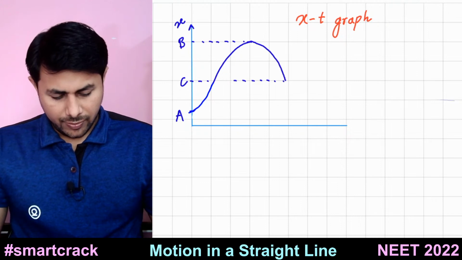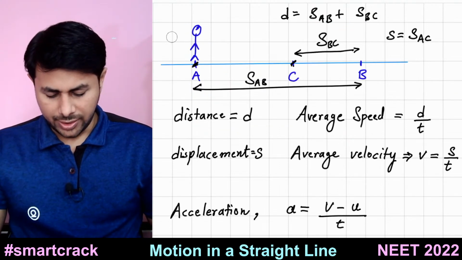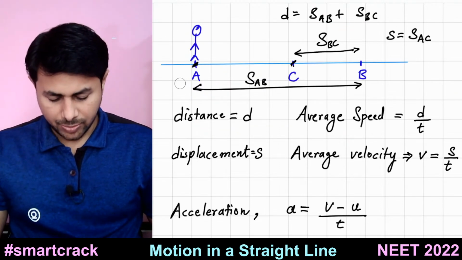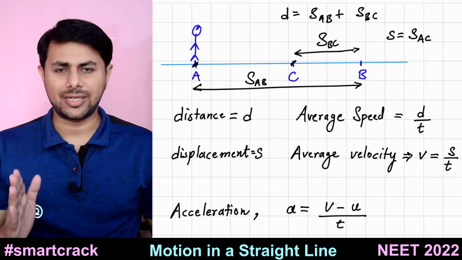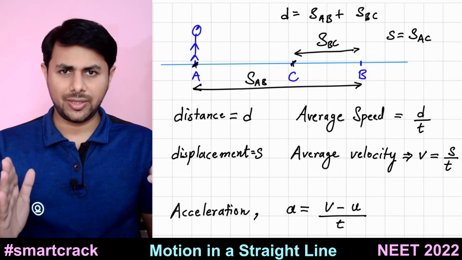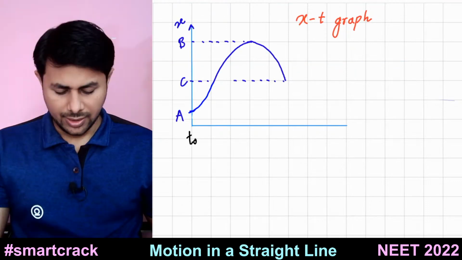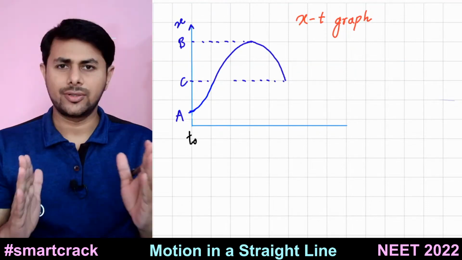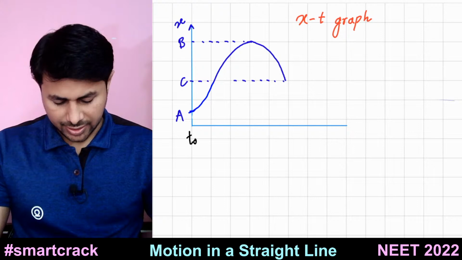For this particular motion, this is me. I'm starting from this point A. A is my starting point. So I go from A to B, and I stop, from time T naught to time T1. T1 is somewhere here.